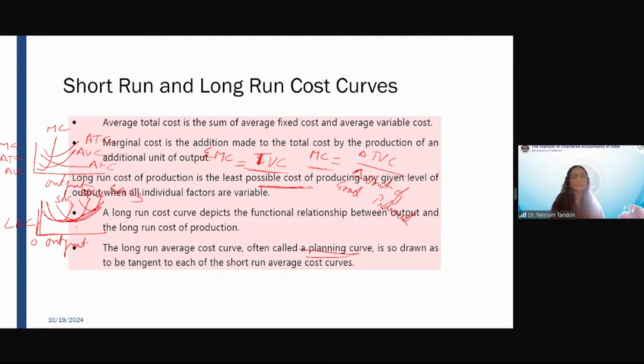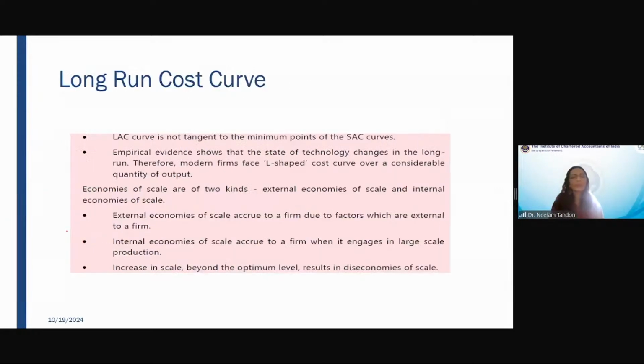And the second factor which we have shared is that higher the level of output or larger the firm, more the output, lower the cost. Smaller the firm, lower the level of output, higher the cost. So LAC is not tangent to the minimum points of SAC curves.